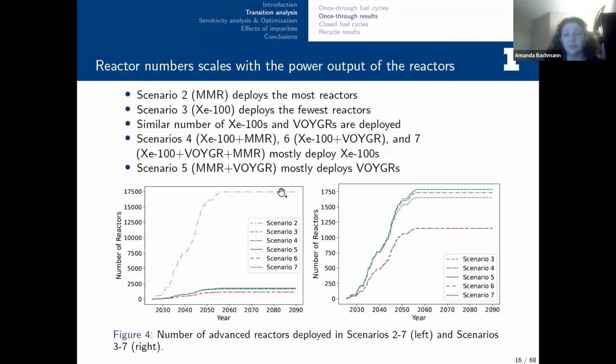Scenario 2, because the MMR has such a low power output, just 5 megawatts electric, you need a lot of these reactors, almost 18,000, versus when you're deploying just the XC100 or the XC100 and the Voyager in scenarios 3 and 6, you need quite a bit fewer, somewhere on the order of 1,100. So how many reactors you need is really just going to scale with the power output of the reactors, but then also with your power demand. In the 1% cases, these numbers continuously grow with time.